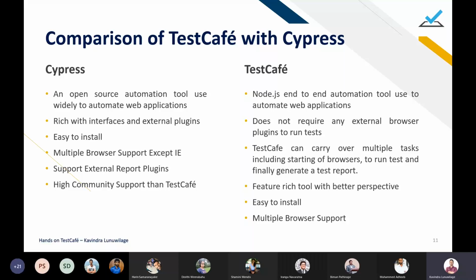And when it comes to reporting, Cypress has to use external reporting plugins like Mochawesome. But in TestCafe, almost all the reporting capabilities are inbuilt, but there's a small disadvantage because there is no interactive report functionality in TestCafe.